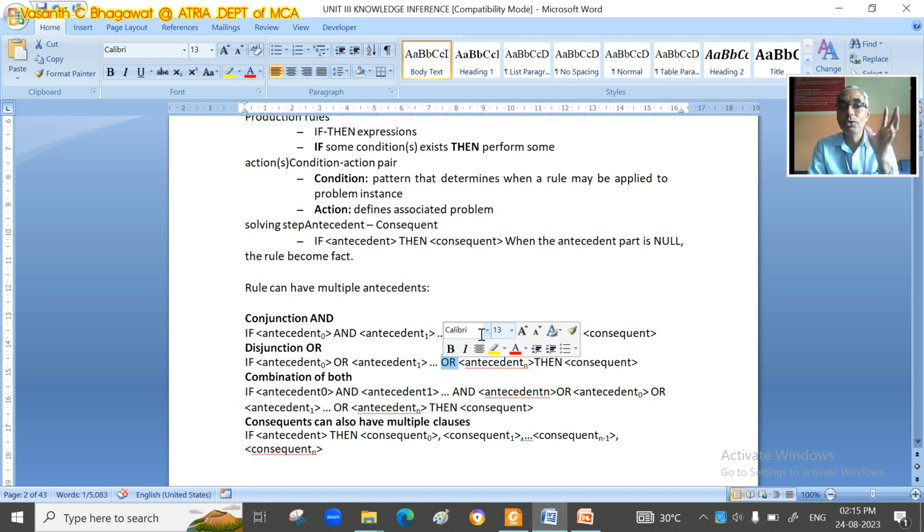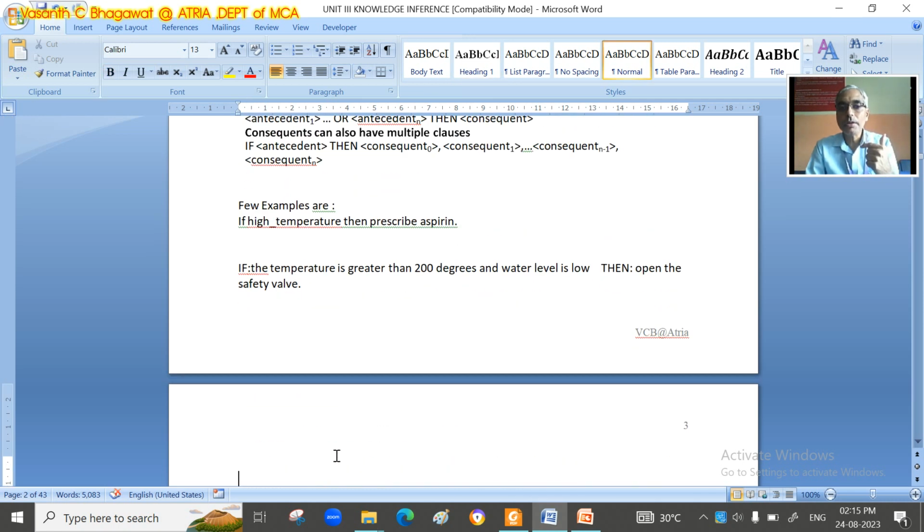When you use AND, if all these antecedents match, if it is true, then your consequent is going to follow, right? Not only can you have multiple antecedents, you can also have multiple consequents, that is, on the right-hand side. So you can do more than one action at a time. That type of rule can also be written.